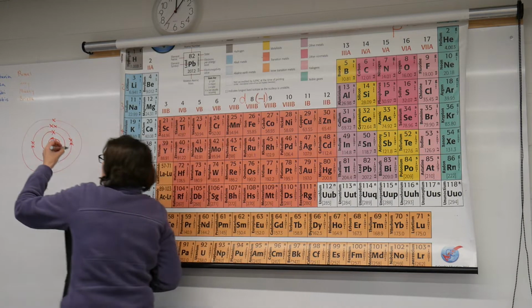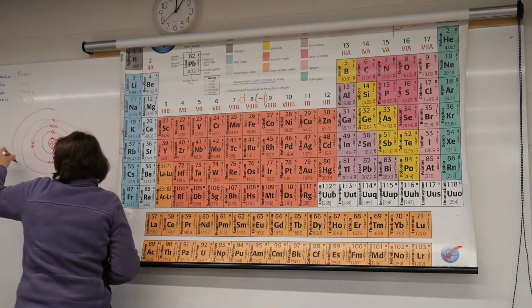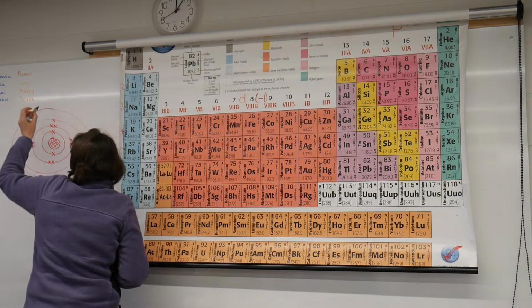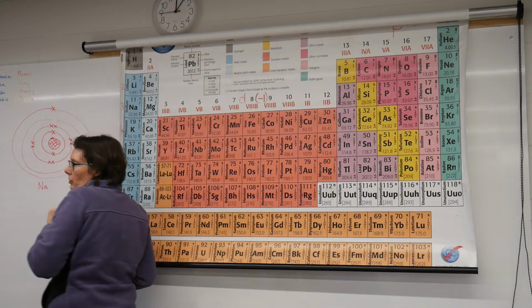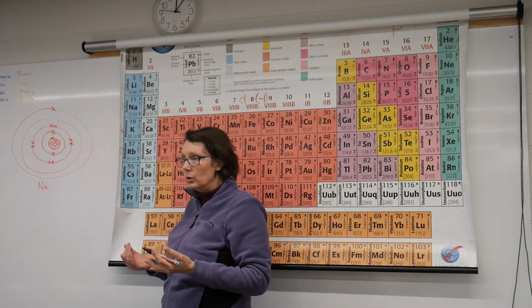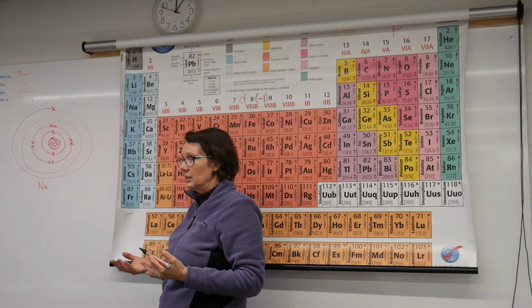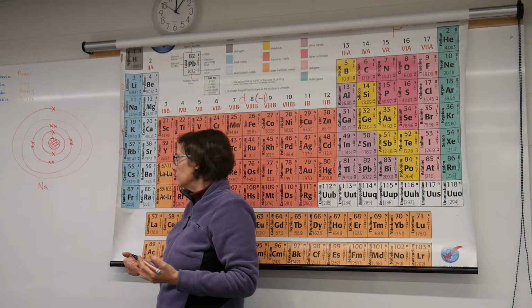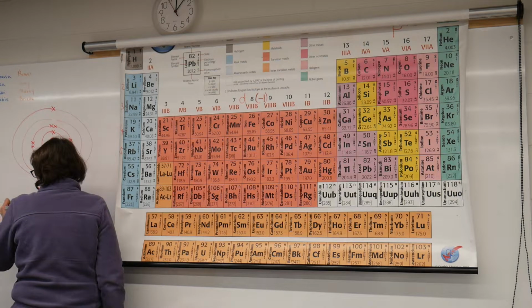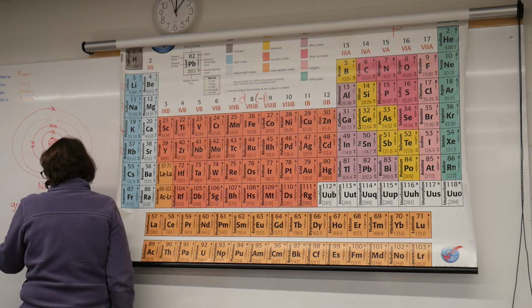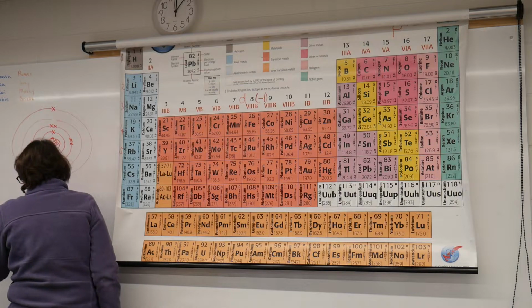Okay, if I then drew another orbital around here and just say I move that outer electron up there, then that sodium would be in an excited state. So we have to have an understanding of ground state and excited state.